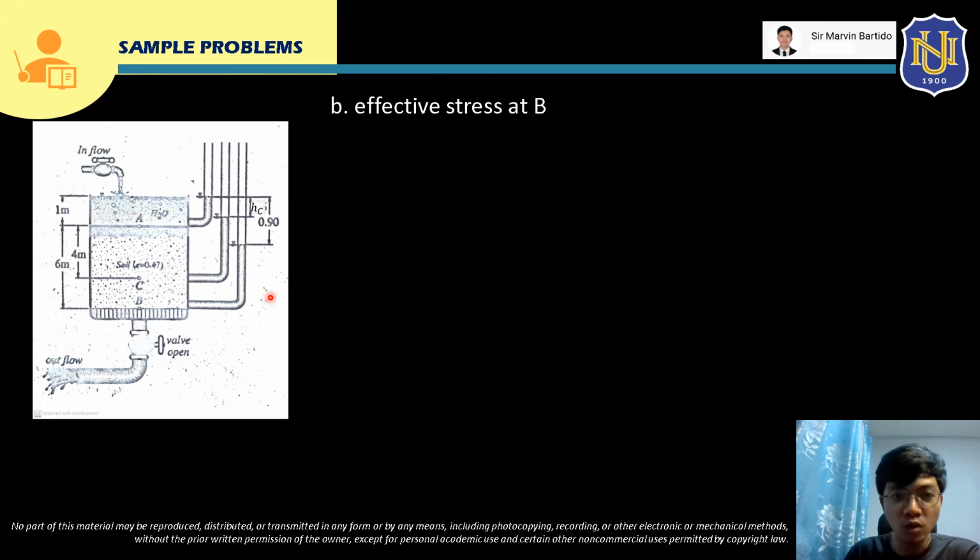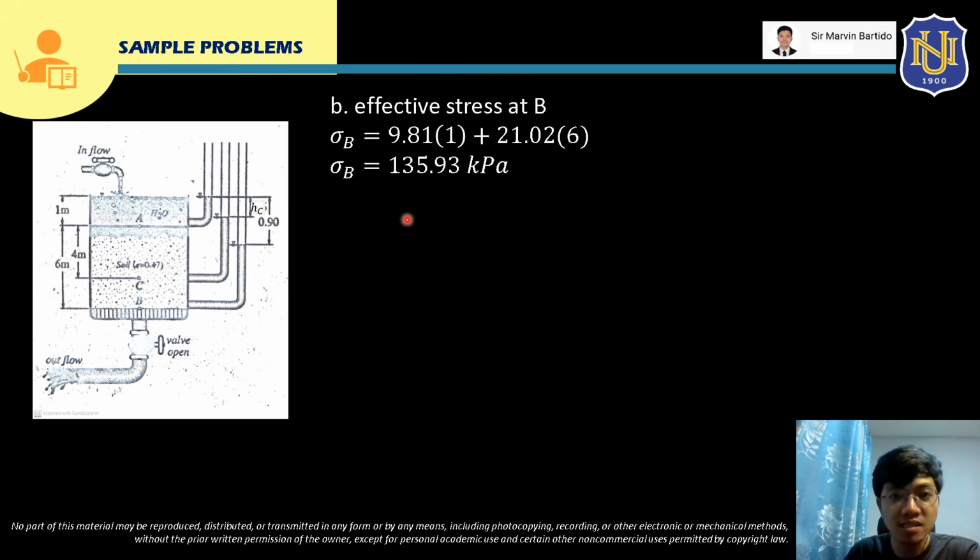It will be the height of our soil, which is 6 meters, times the saturated unit weight we computed, plus 1 times the gamma of water. This part is for the water, and this part is for the 6 meters of soil, with the saturated unit weight of 21.02. The total stress at point B is 135.93 kilopascal.